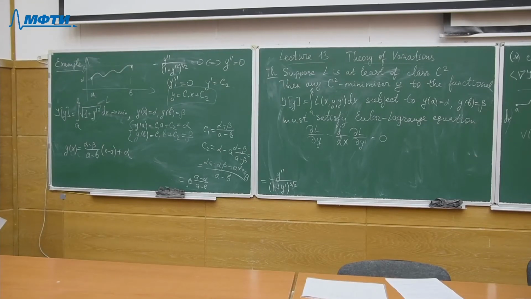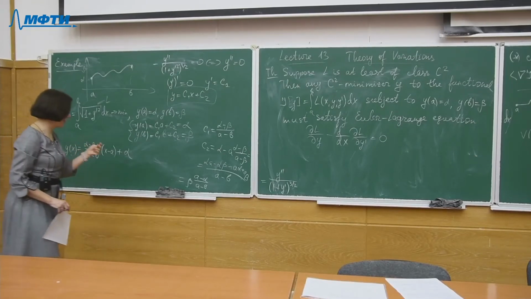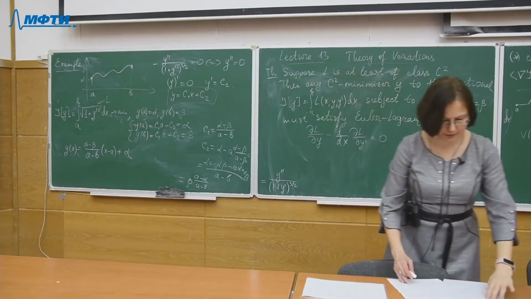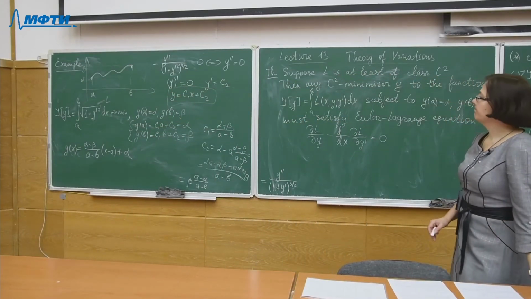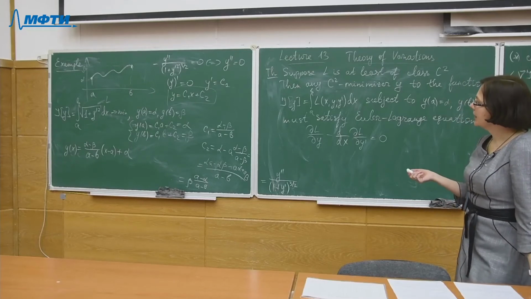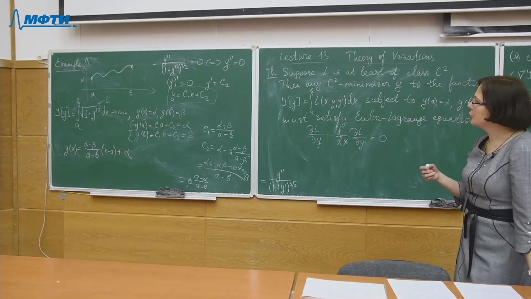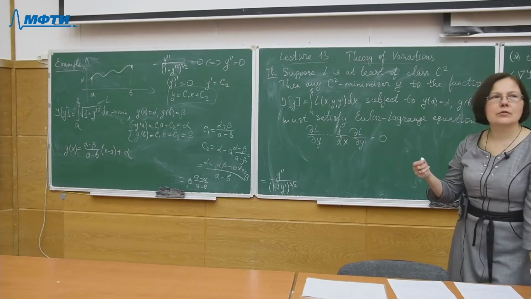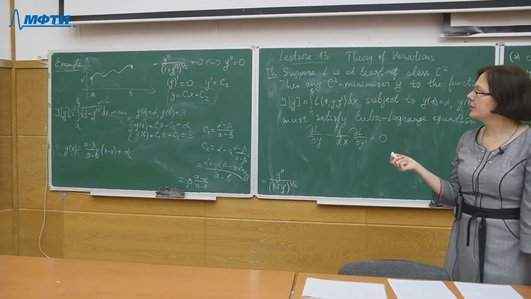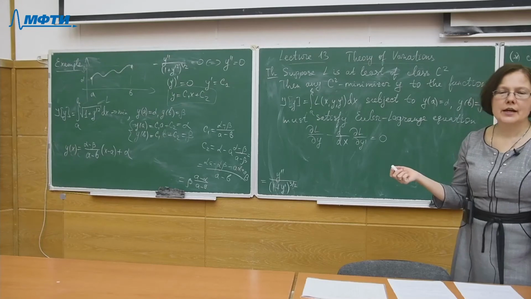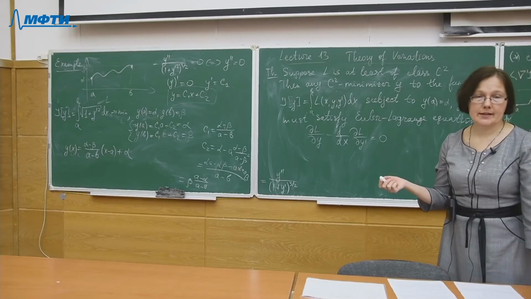So we can see that this is a linear function, and in what follows we will try to prove that this is only a necessary condition for the function to be a minimizer.